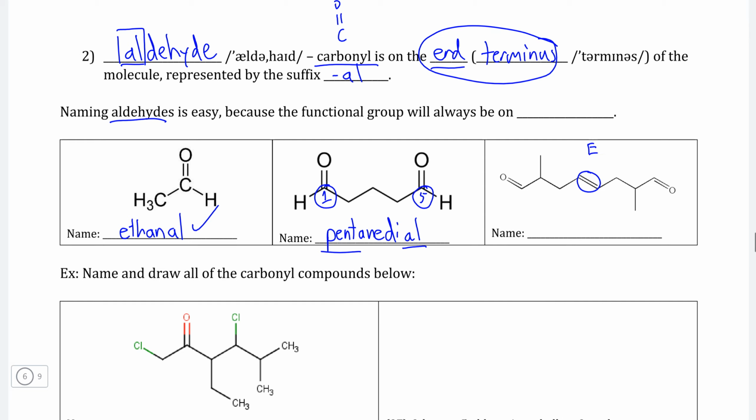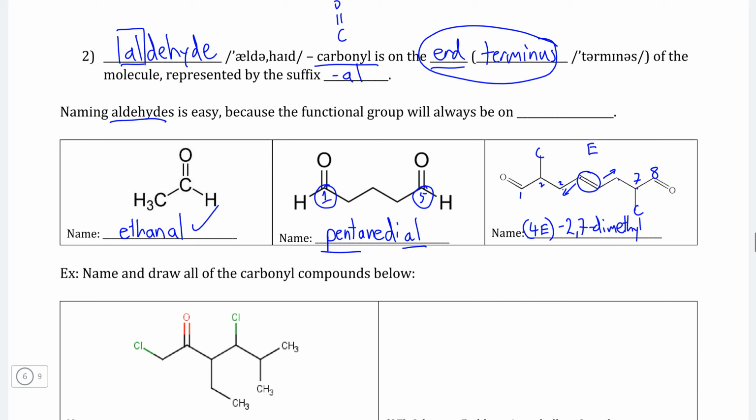So if we identify that the double bond is in the 1, 2, 3, 4th location, we can specify that our double bond is in the E position because the longest carbon chains are on the opposite sides of the double bond, and then we would need to specify where the side chains are located, which would be at carbon 1, 2, 3, 4, 5, 6, or let me count again, 1, 2, 3, 4, 5, 6, 7. So our parent chain is going to be 8 carbons long, and our side chains occur at carbon 2 and carbon 7 and are each 1 carbon long, so this would be a dimethyl.